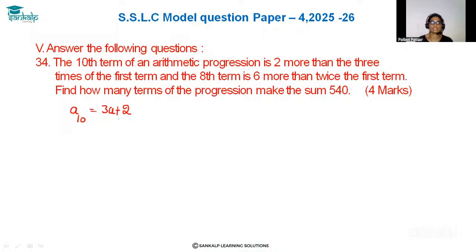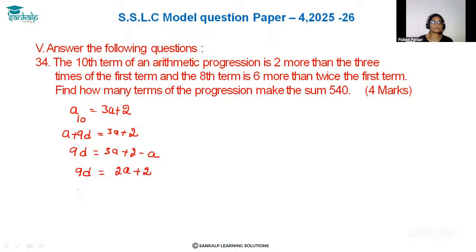So, it comes like this. The 10th term in terms of A and D is A plus 9D, which is equal to 3A plus 2. So 9D is equal to 3A plus 2 minus A, so 9D is equal to 2A plus 2.